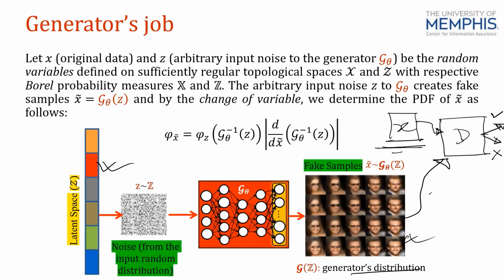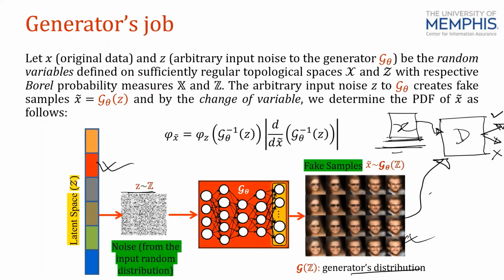To do so, let us assume that X is the original data. In our last slide we talked about the celeb data, we remember, and Z is the arbitrary input noise to the generator. Obviously it came from the latent space.